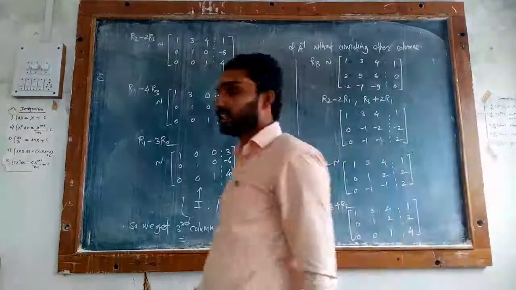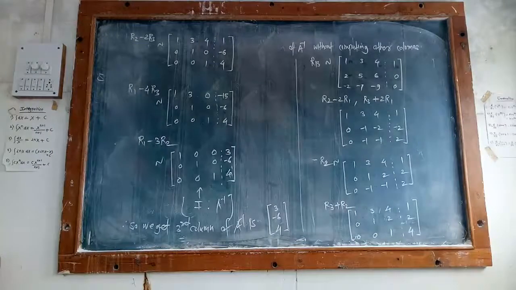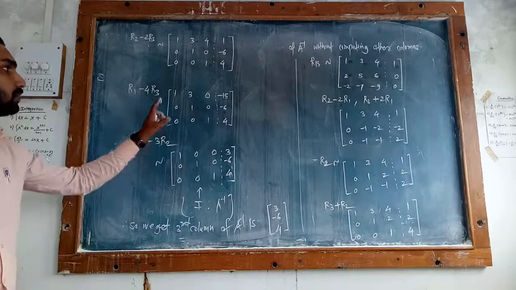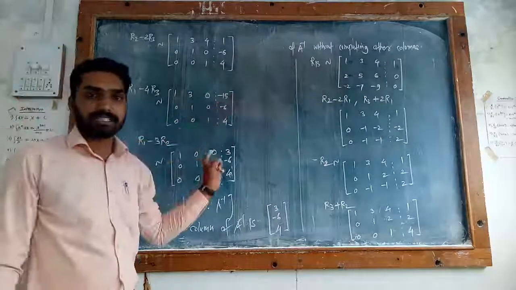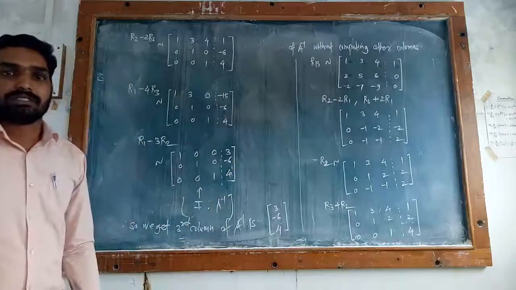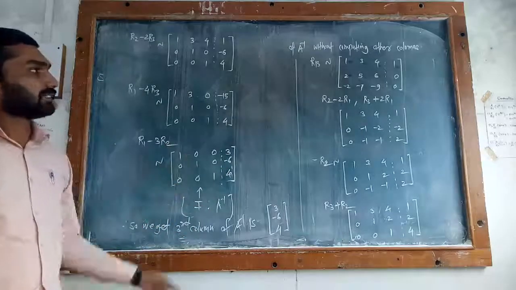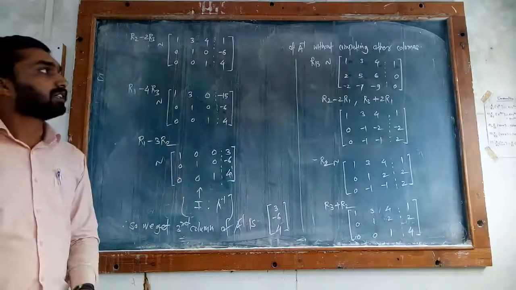Right. This is your third column of the A inverse matrix. It is so simple, easy. We did not take the first and second column here.